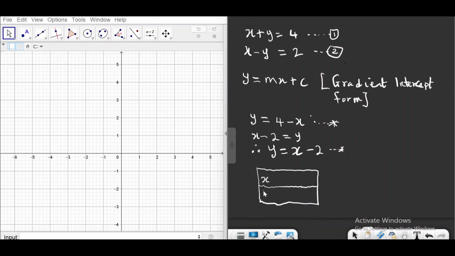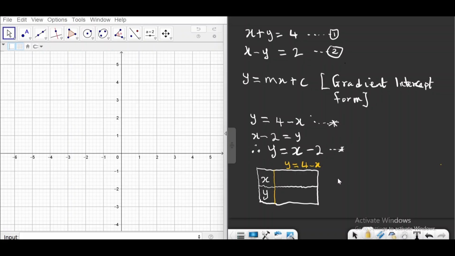So we have x, we have y, and here I'm drawing it for the equation y equals 4 minus x. So I need to pick some random values of x and determine the values of y.